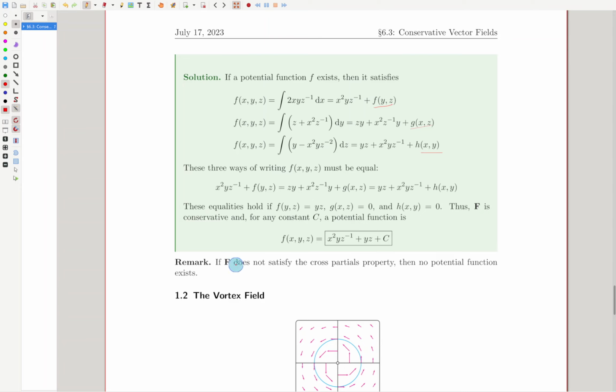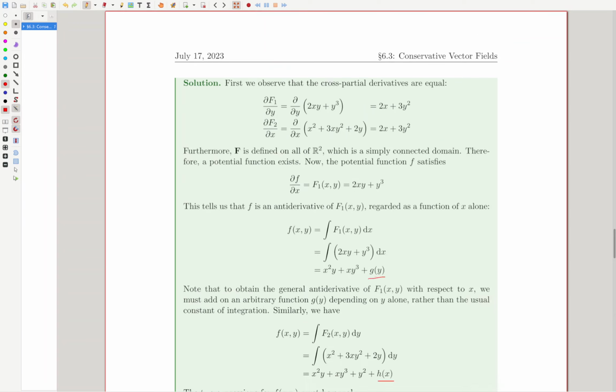So if you end up getting some complicated looking vector field, and you can't tell right away whether it has a potential function, one strategy is to check the cross partials property.